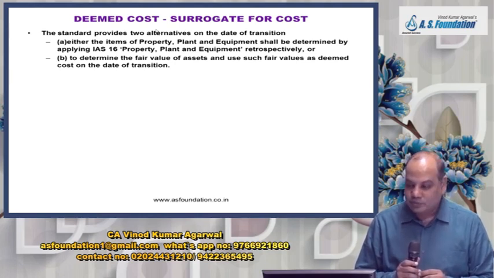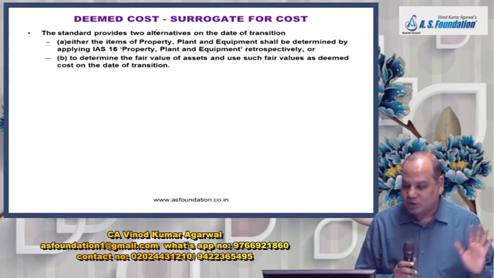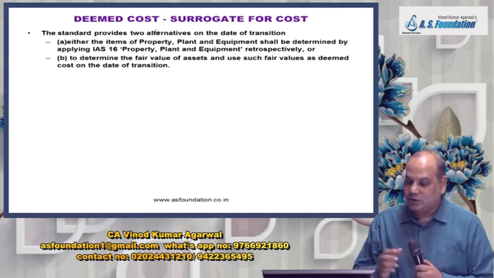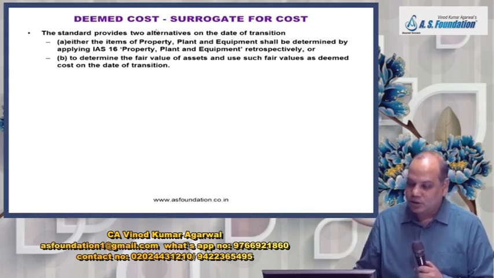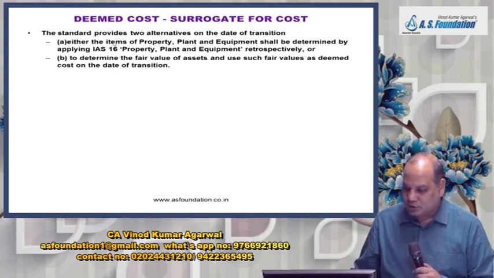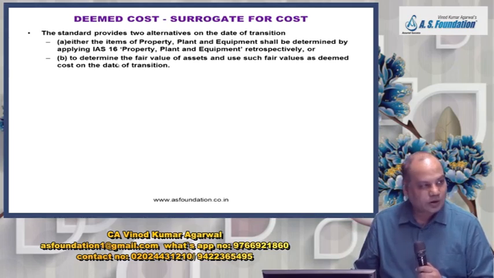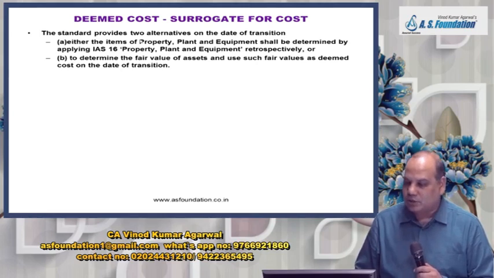If you have purchased some asset 15 or 20 years ago, finding the value under IAS 16, the way IAS 16 requires, may be a difficult task. So therefore there is an option also given here. The standard provides two alternatives on the date of transition.